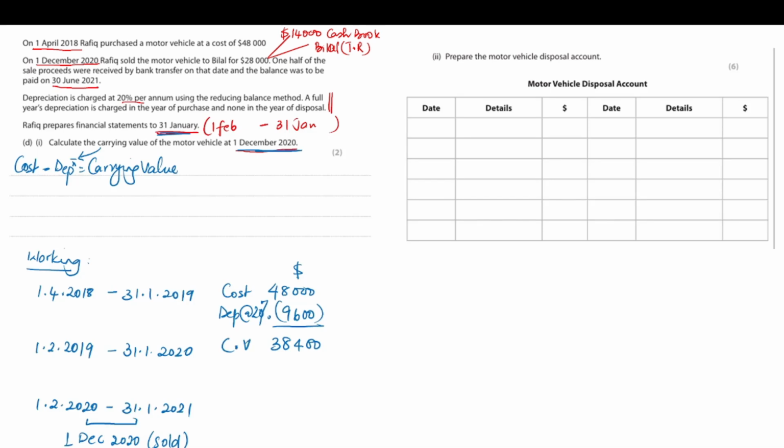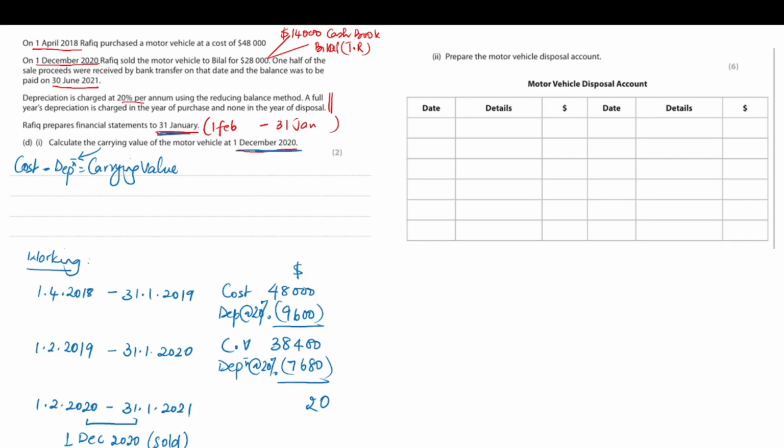And now again, we would deduct depreciation at the rate of 20%. That would give me 7,680. So what was the carrying value on 1st of December? We'll just have to calculate the carrying value.